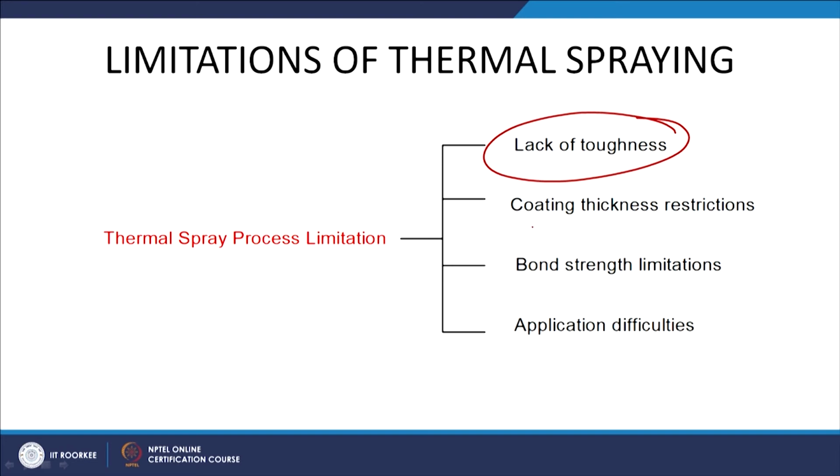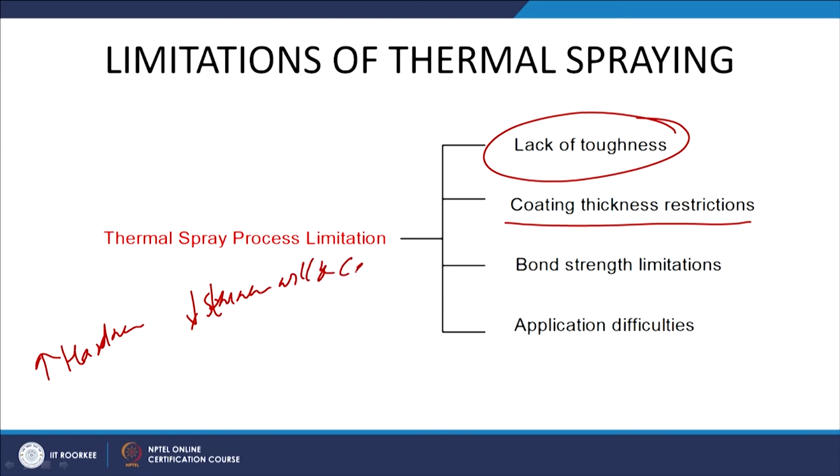With some materials, there is a restriction on the thickness of the coatings which can be produced. In general, the greater the hardness of the material, the thinner the coatings that can be developed.